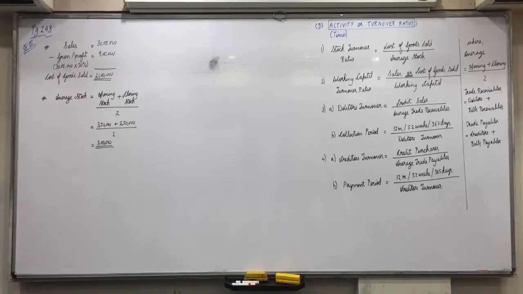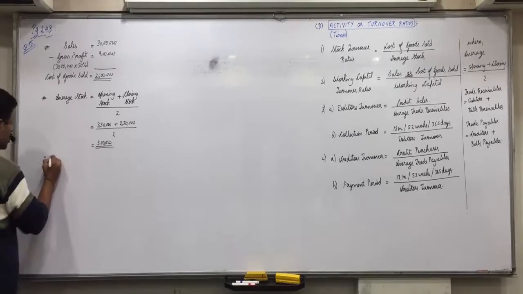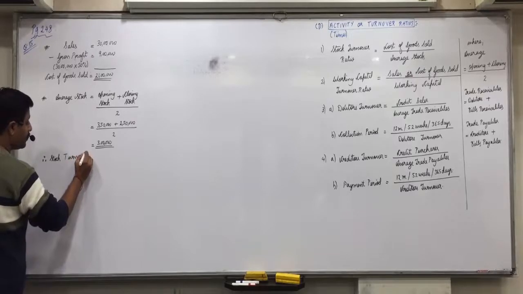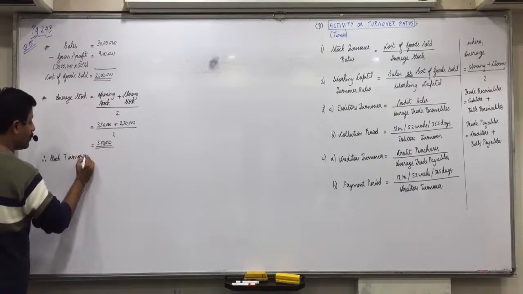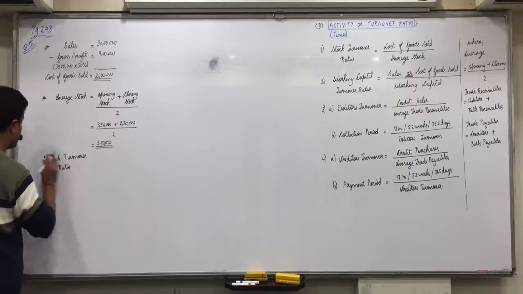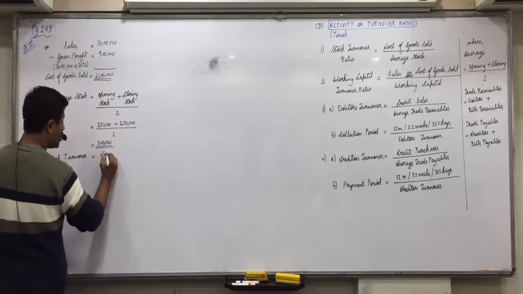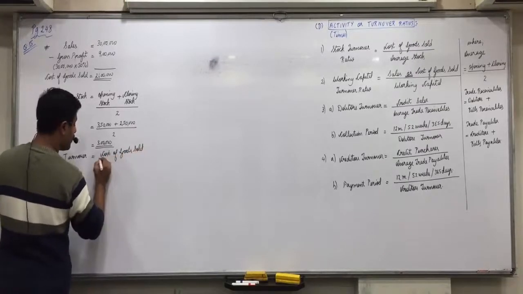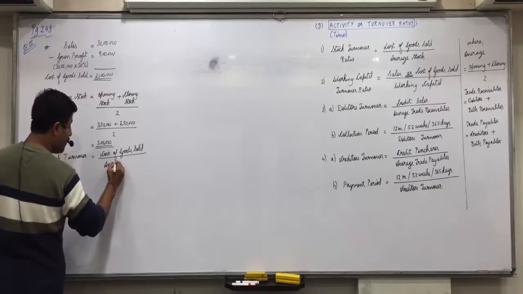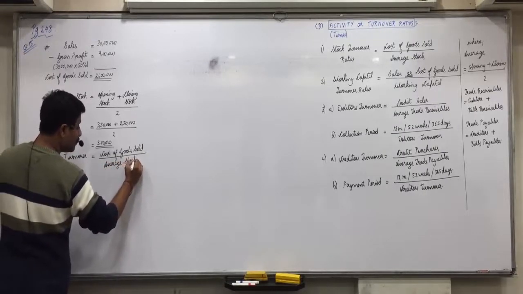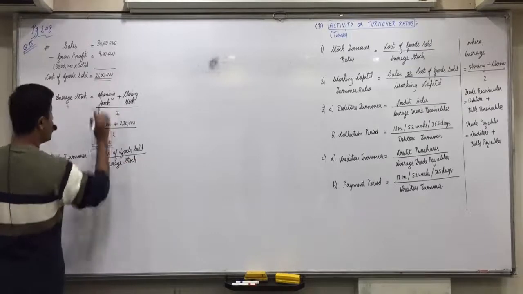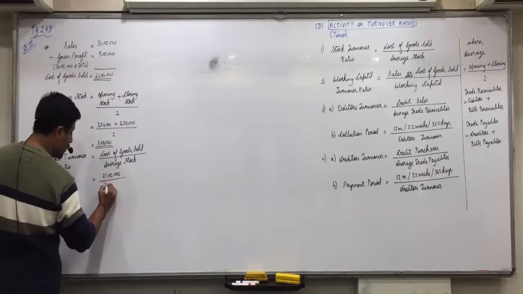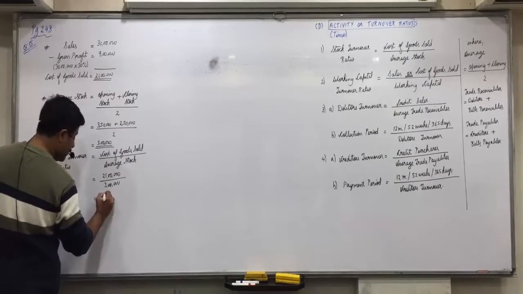Is everyone clear with it? And therefore stock turnover ratio is equal to cost of goods sold divided by average stock. Cost of goods sold 21 lakhs divided by average stock 3 lakhs, so 7 times.